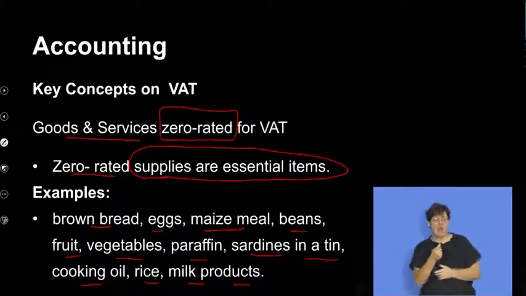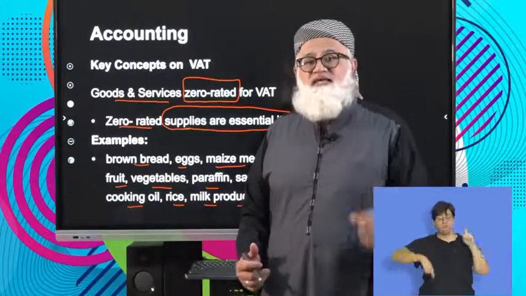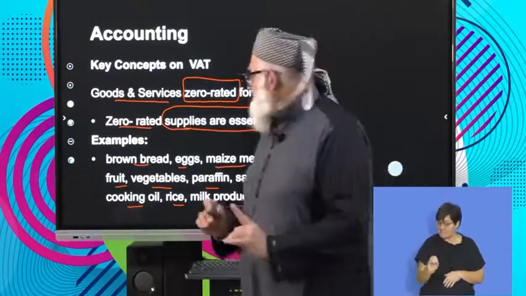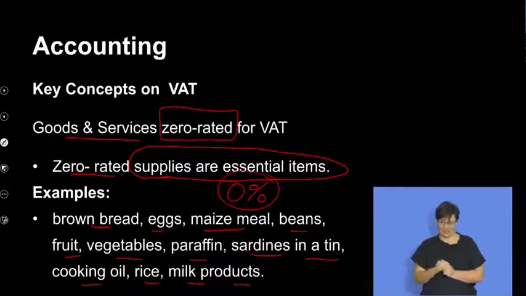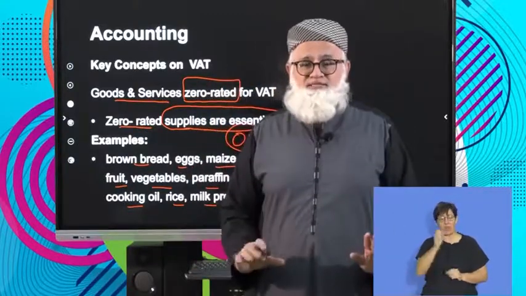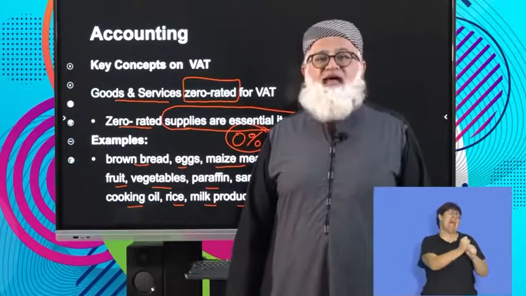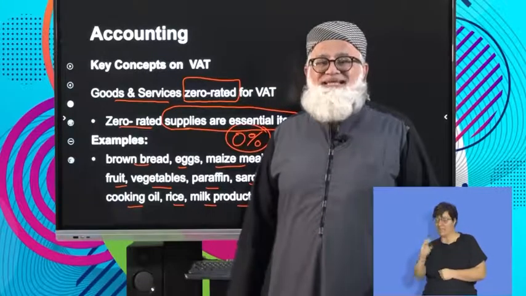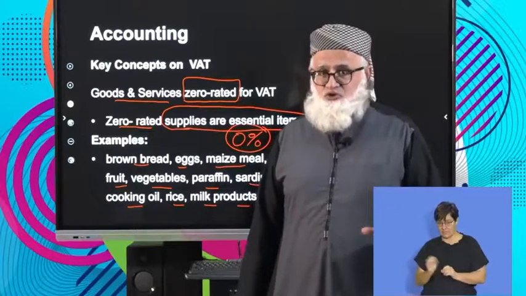Basic items that are used by consumers that are zero-rated, meaning there is VAT charge. Let's just clarify this point. There is VAT charge, but the rate at which it's charged is 0%, which effectively means there's no VAT. Have this concept clear in your minds. You have your exempted items, which will never ever have VAT attached to them, and then you have your zero-rated. These are your items where the VAT rate is at 0%. Okay, clearly understood. Right.